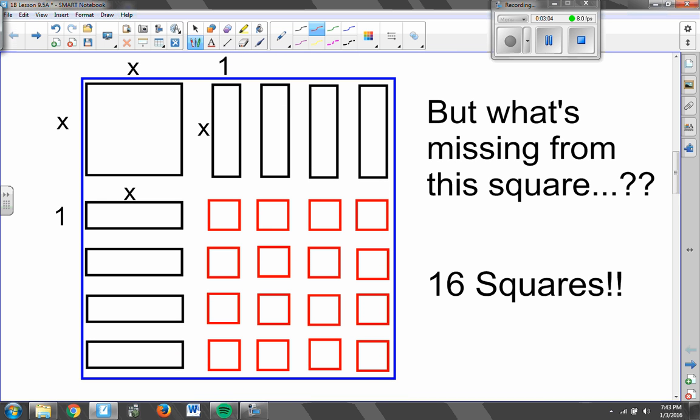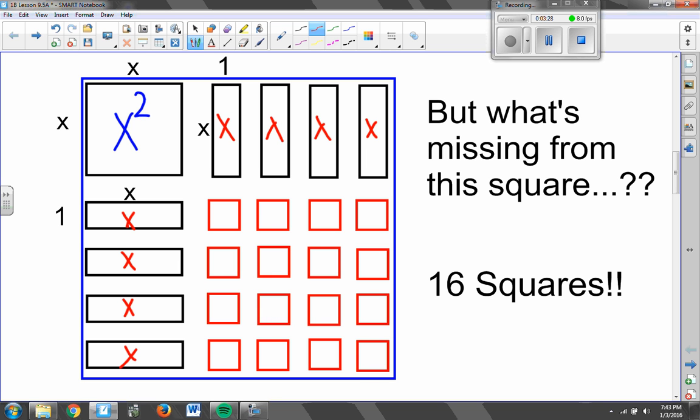So let's talk about what's here before we talk about what's missing. Here's my x squared tile from above. It's an x by x, and then I have x times 1 here. That's x tile, x tile, x tile, x tile, x tile, x tile, x tile, x tile.